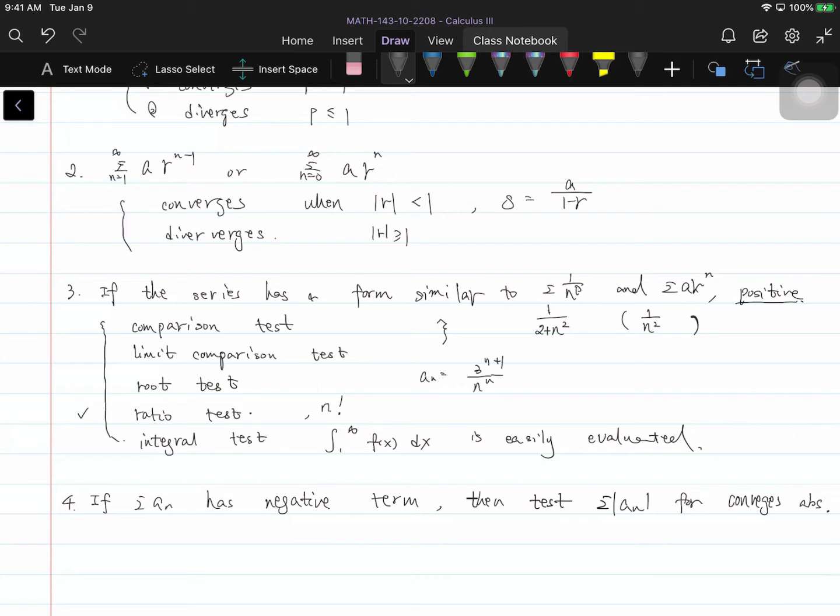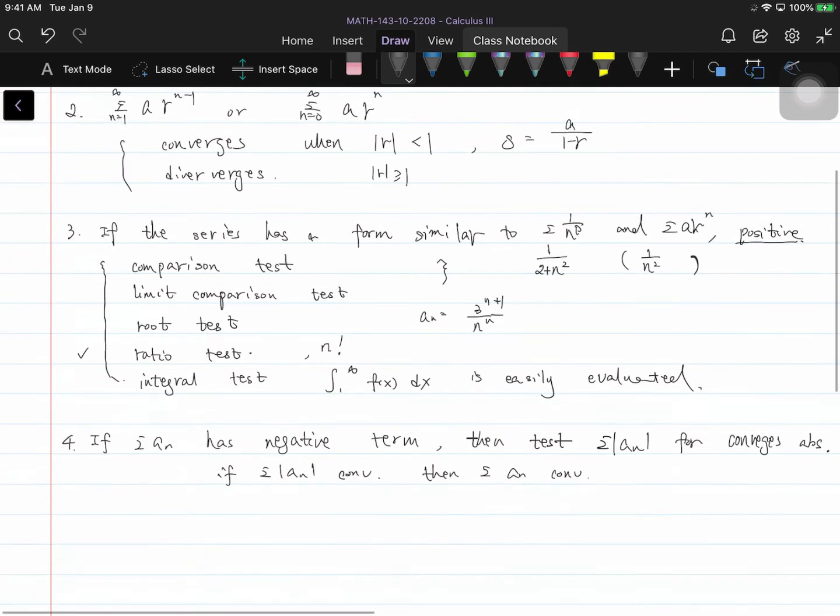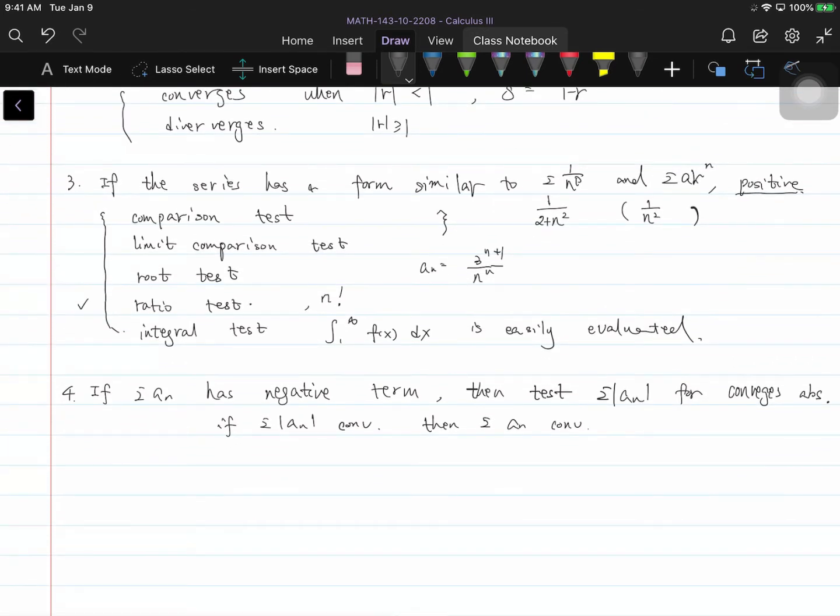Because when it's negative, we make it positive, and then we can use all kinds of tests. If this converges, we have a theorem that says if it converges absolutely, then a_n converges. So when we have negative terms, we like to do it this way.